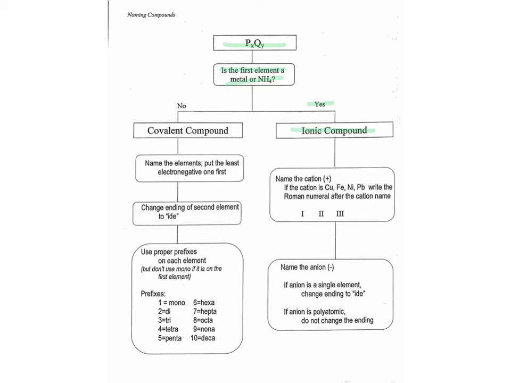So it just comes down to knowing your ions or looking up those ions on your ion reference sheet. We're just going to name the cation, and we're going to name the anion. So when we go to name the cation, in this case, Li stands for lithium.